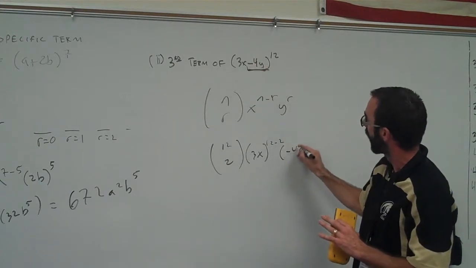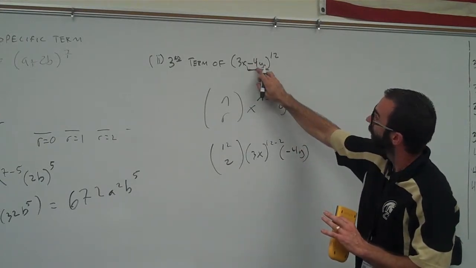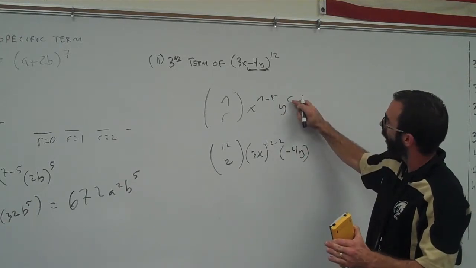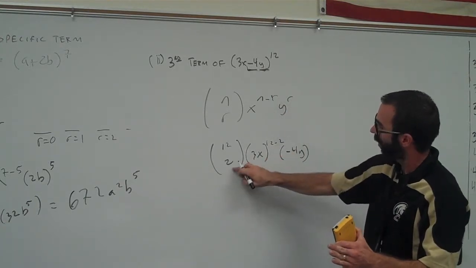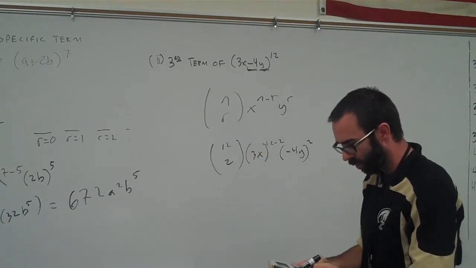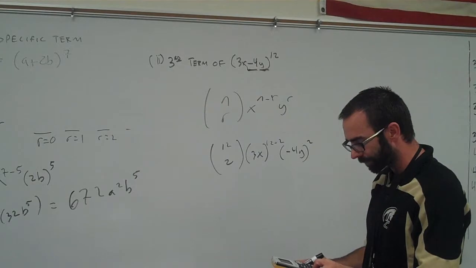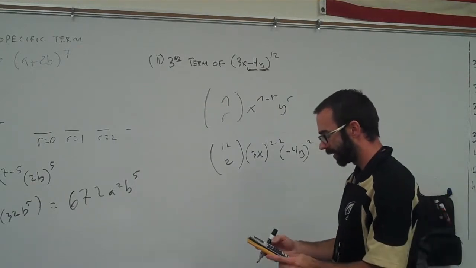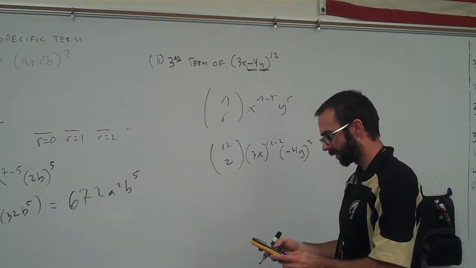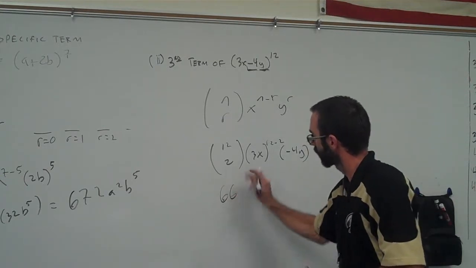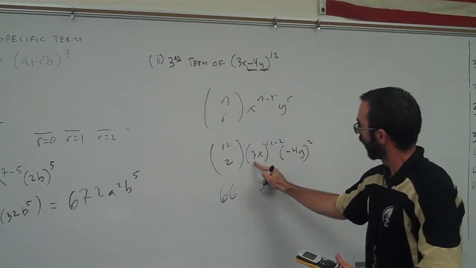So it's going to be negative 4y to the power of r, which is 2. So we do 12 choose 2, and that gives us 66.